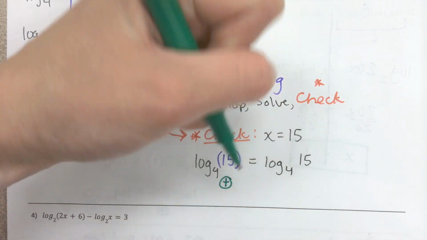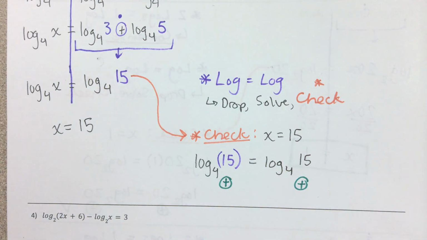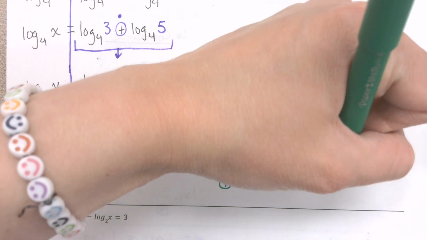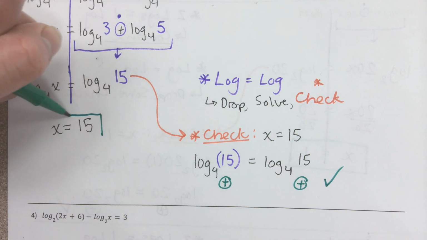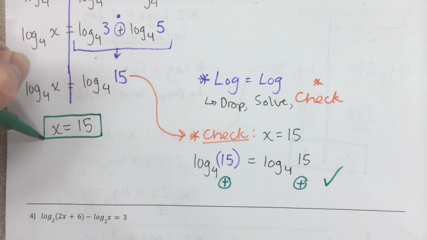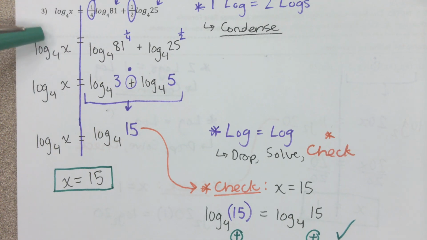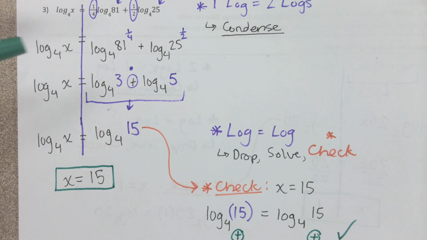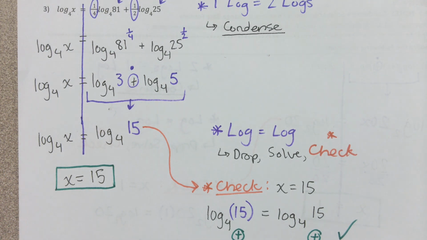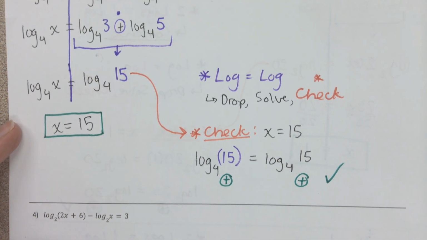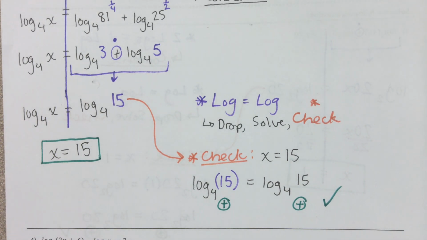That would be a check that you could definitely just do by looking at it. X is 15. Now the one downside is this relies heavily on how well you did the first half of the problem. If there's a mistake here, it wouldn't be caught in the check. So, something to think about. Questions on number 3 before we move on to number 4?